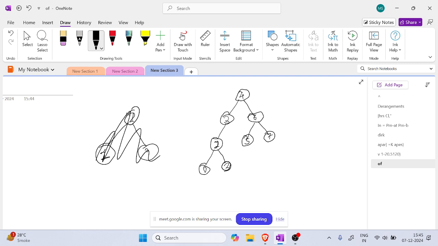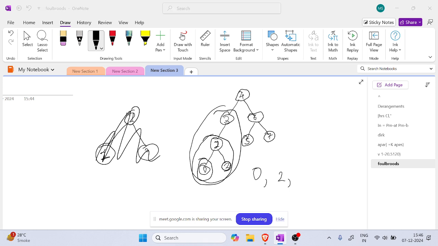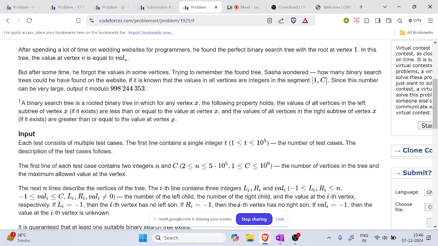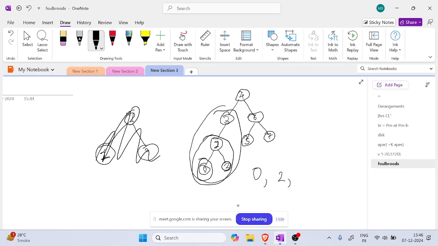You visit this subtree first, and then this subtree, because we don't have any right child anyway, and then you visit 0, then you go to the root, which is 2. Okay, I think I messed up with the numbers. Whatever. Less than or equal to, yeah. So 0 to 3, because you now visit the right vertex, and 3 and 4.